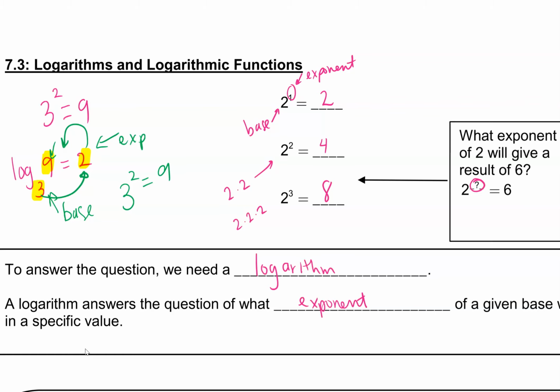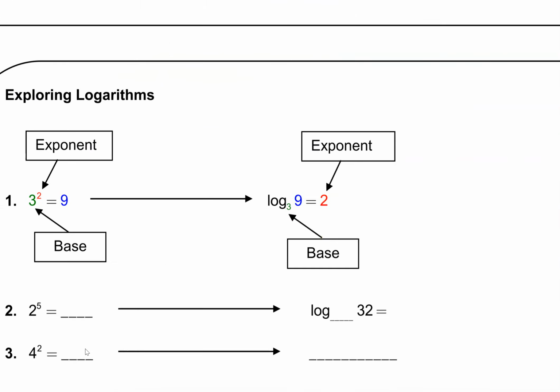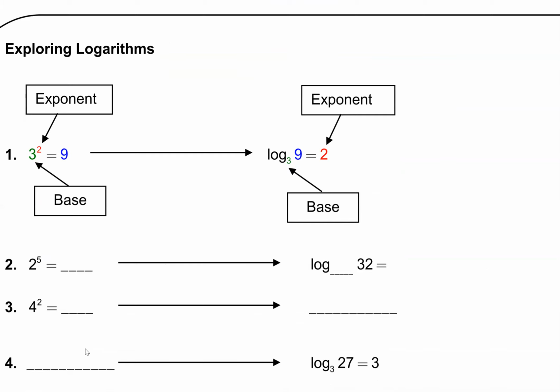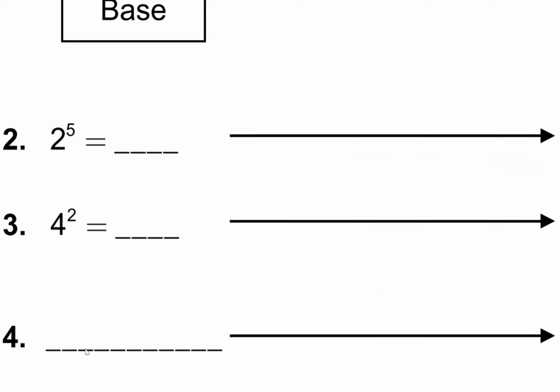Okay, so just giving you a general sense of what this is. Let's explore logarithms. If we have a base 3, and my exponent's 2, 3 squared is going to be 9. So I put the base below, and then the exponent is what it equals, and it just wraps around. Let's try it. 2 to the 5th power is equal to what number?